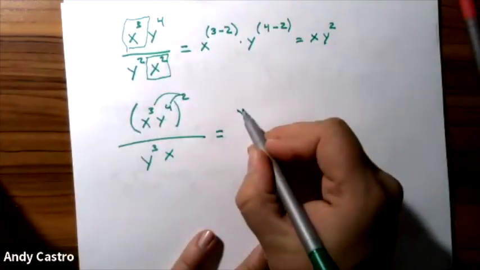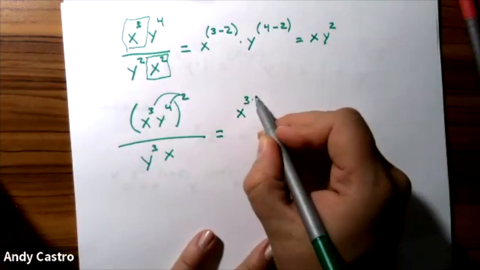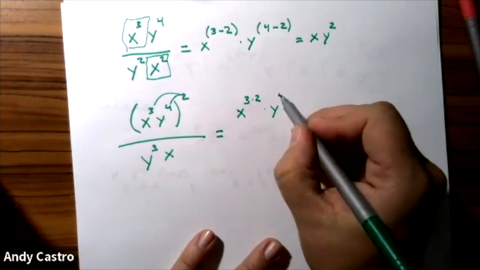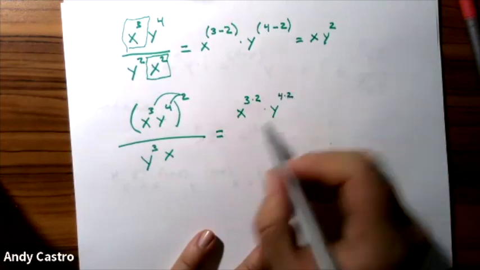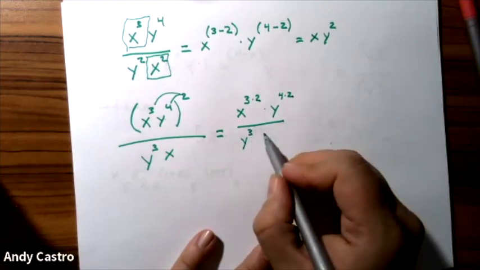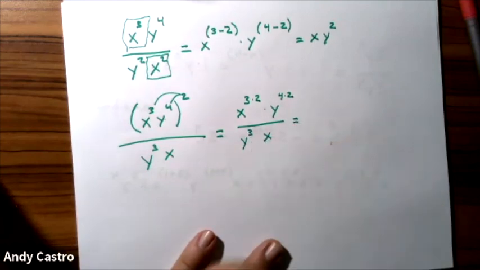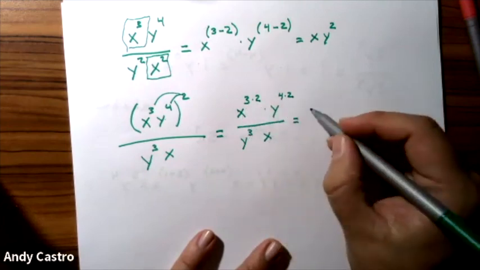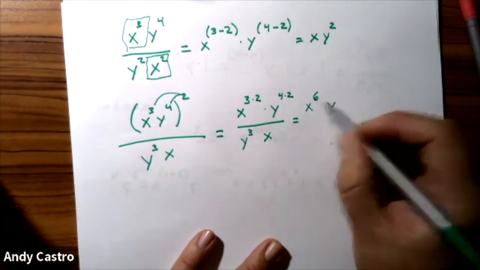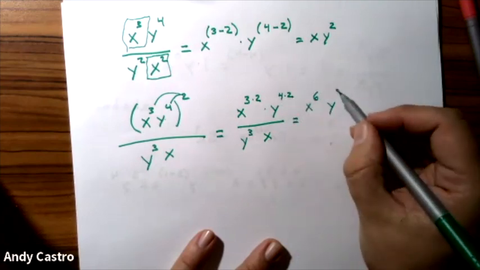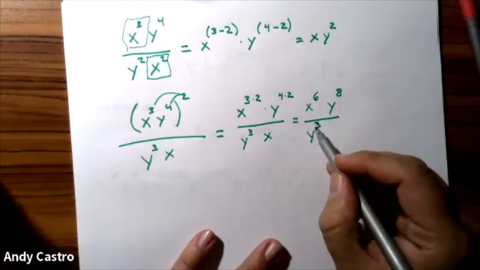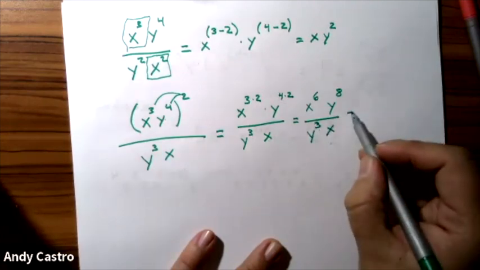So this is going to be x to the third times 2 times y to the 4 times 2 divided by y to the third times x. 3 times 2, that's x to the 6th power. 4 times 2, that's y to the 8th power, over y cubed times x.